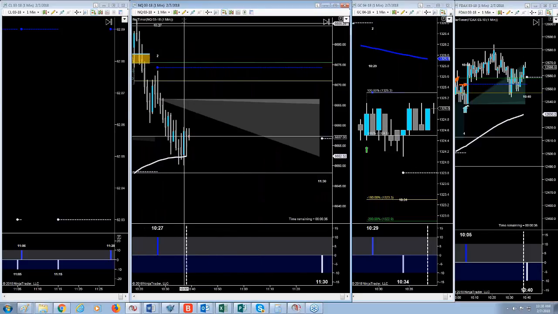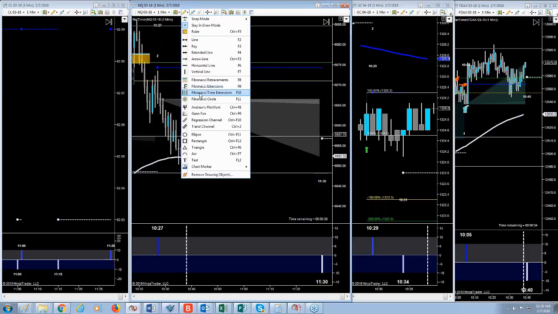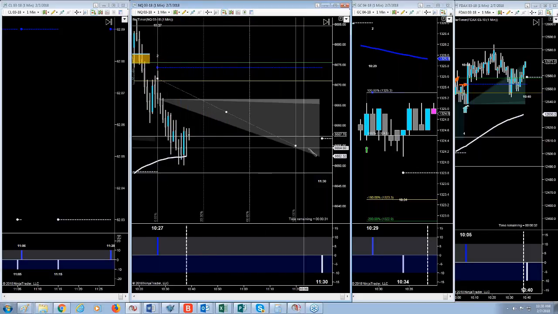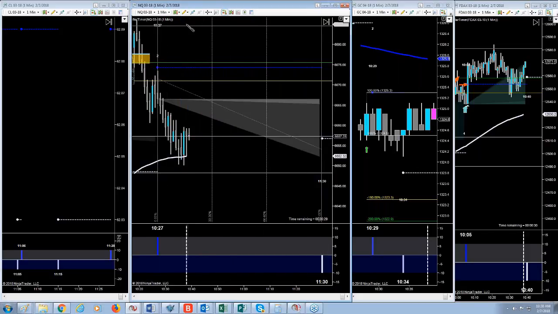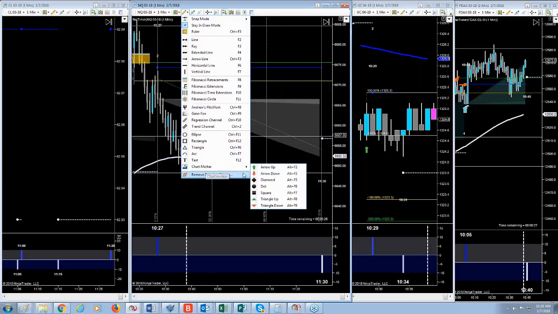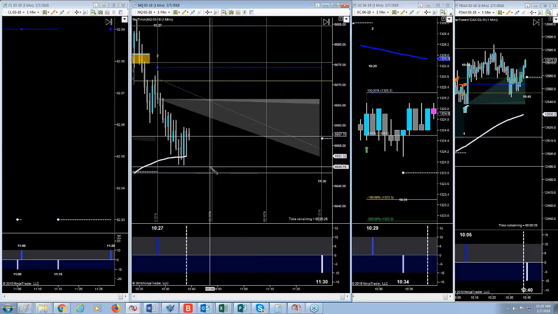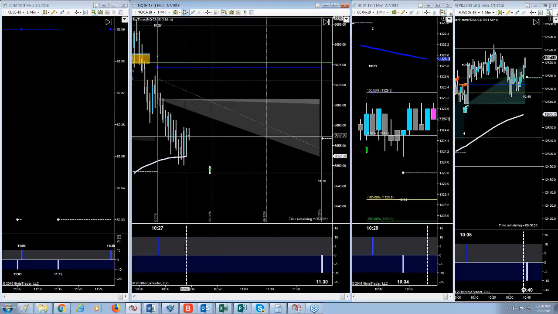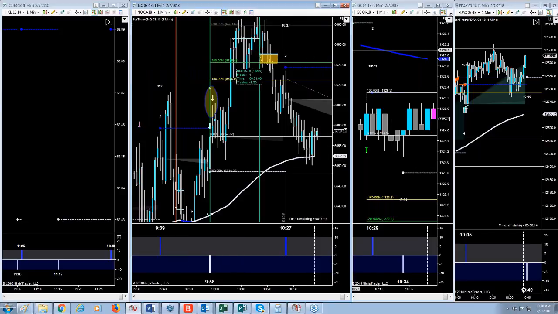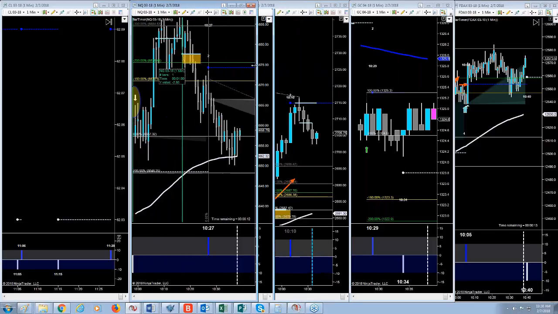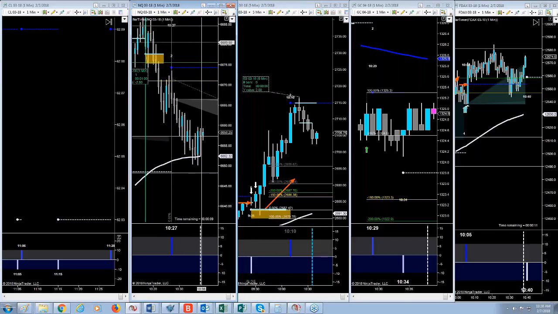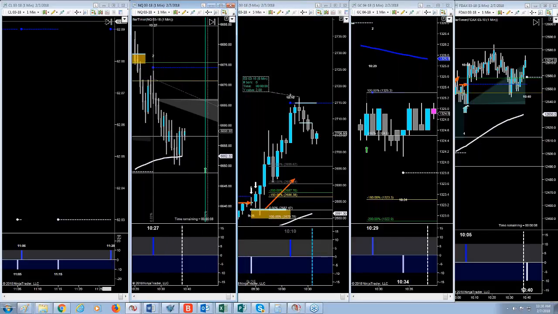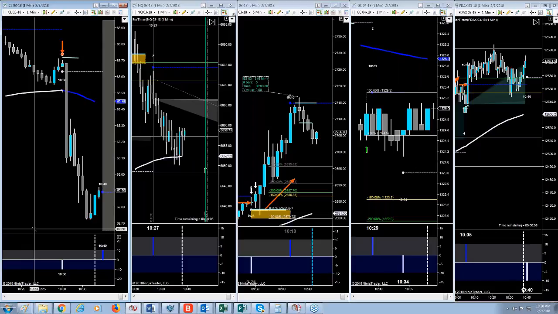If we use our split technique, we're expecting some upward pressure later over here. So we'll go ahead and get that ready. 1040 is coming.